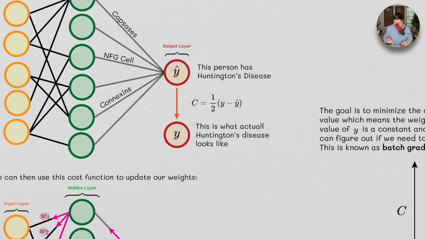So y hat is our prediction, and y is what the actual value is. We can compare the two, and that's a cost function. When we compare the two, it's going to be half of the difference between the prediction and the actual value.